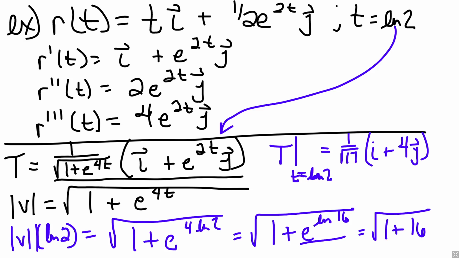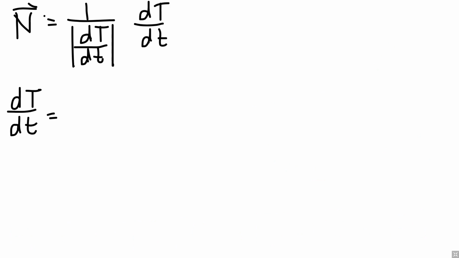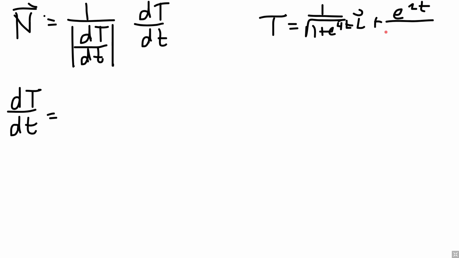It's going to be a little ugly, but it's going to come out nicely in the end when we evaluate it. I'll write the tangent here. It's 1 over the square root of 1 plus e to the 4t in the I direction, plus e to the 2t over the square root of 1 plus e to the 4t in the j.